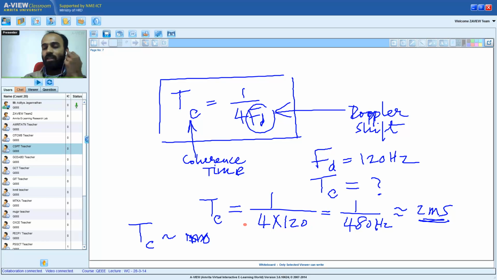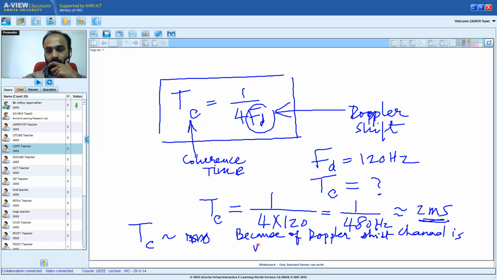So what we are saying is the channel is time varying. Because of the Doppler shift, the channel is time varying. And coherence time here is 2 milliseconds.